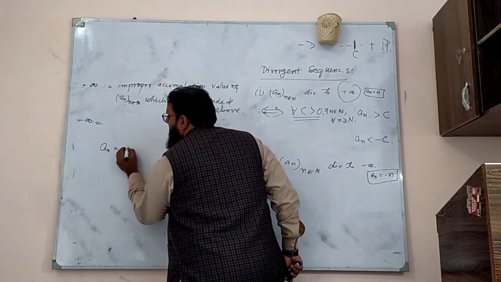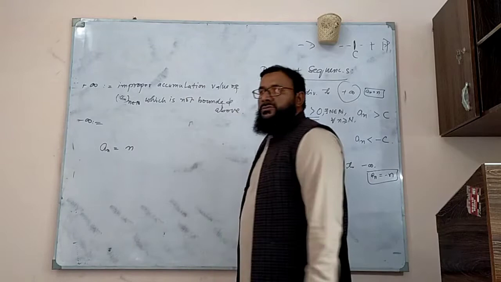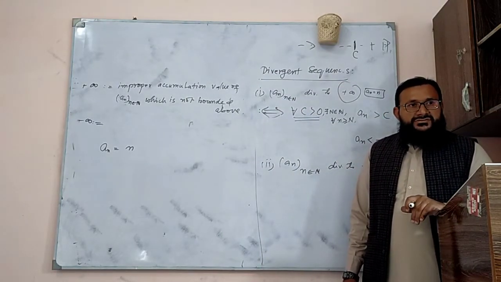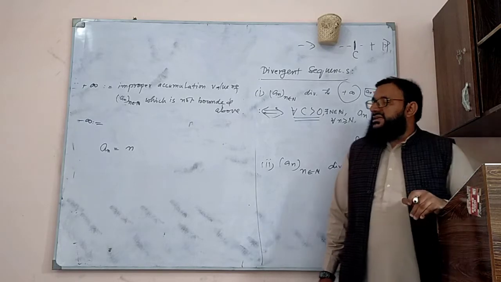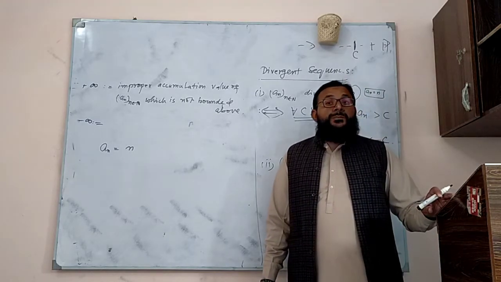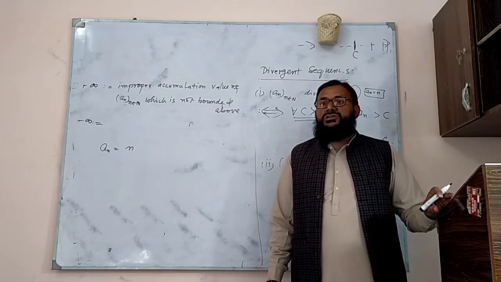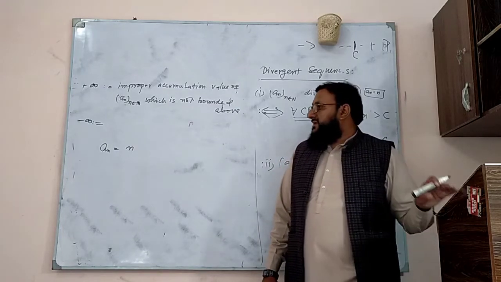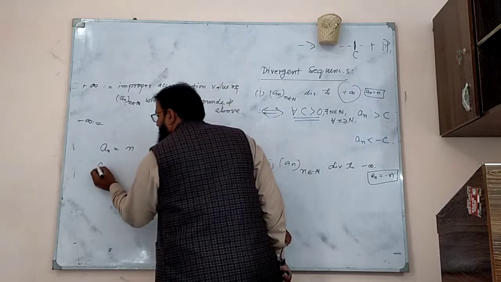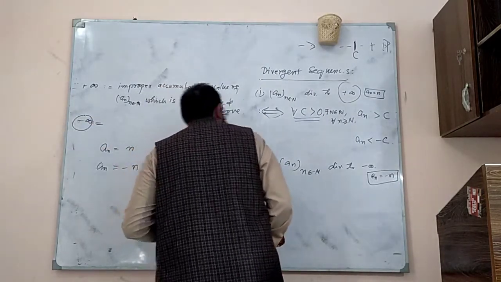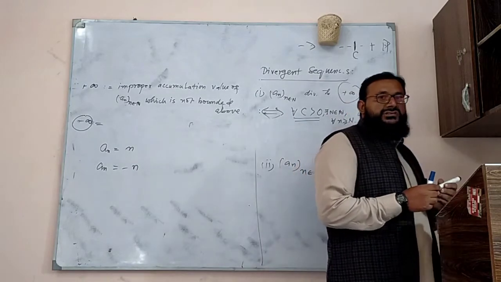So we have this sequence which is not bounded above. Then we say that it has no proper accumulation value, but it has one improper accumulation value, that is plus infinity. And we have this sequence whose improper accumulation value is minus infinity.